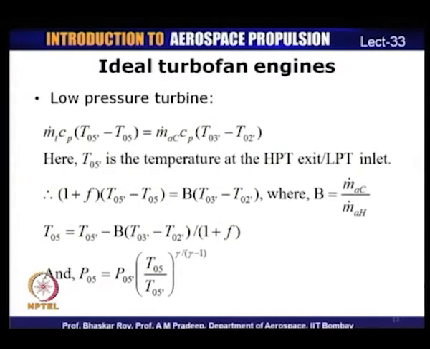Now, after the high pressure turbine, we move on to the low pressure turbine. Here, the low pressure turbine drives the fan, and therefore m dot T remains the same as for the high pressure turbine.